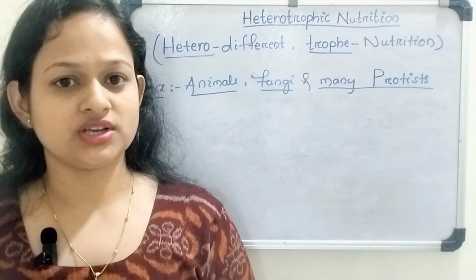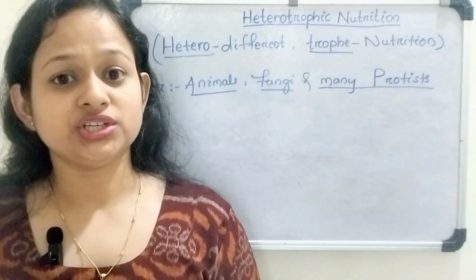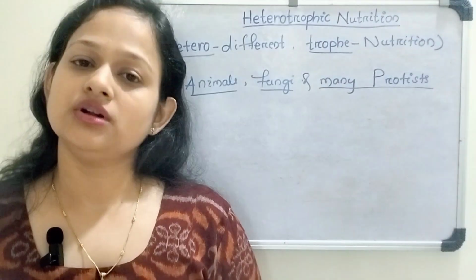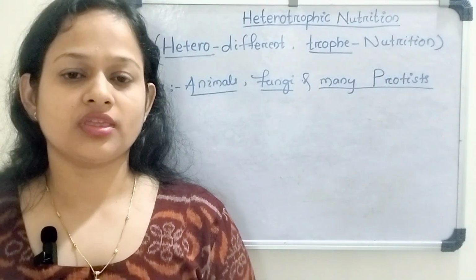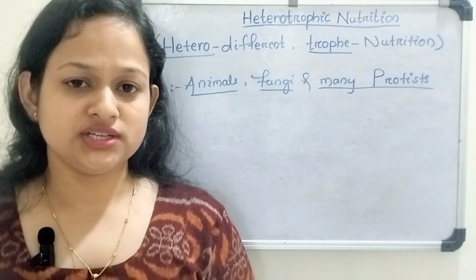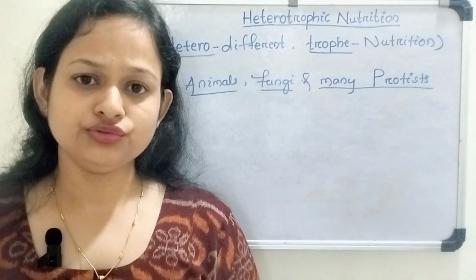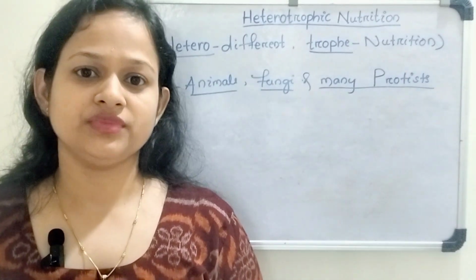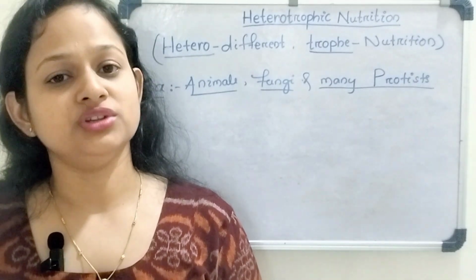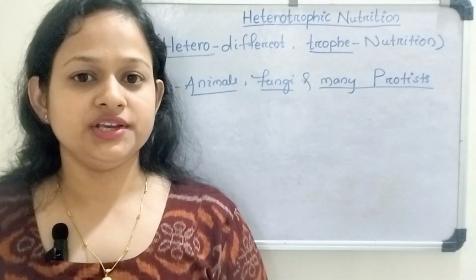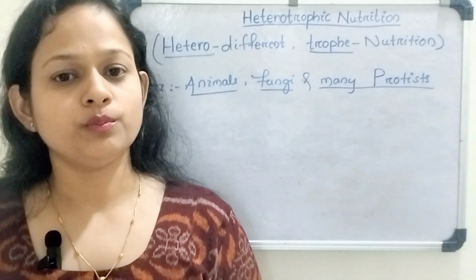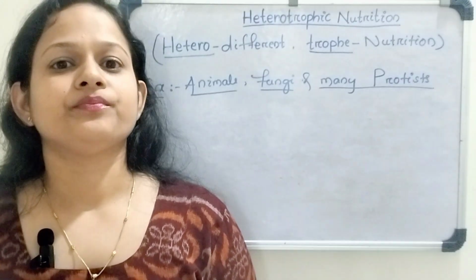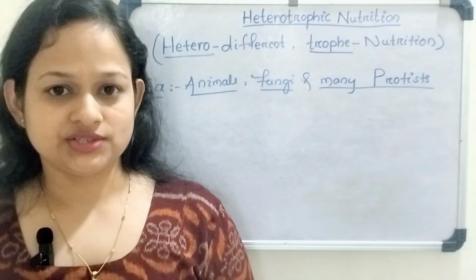The examples are the holozoic type of nutrition, humans and some protozoans. Then there are some organisms which obtain their food from other plants and animals without killing them. They only cause harm to the host. The examples are different types of parasites like lice, tapeworms, leeches, etc.